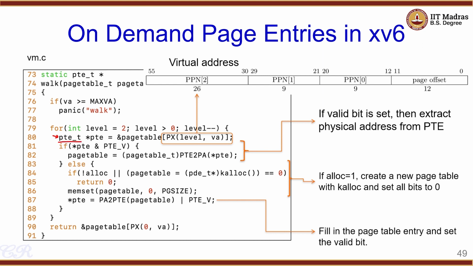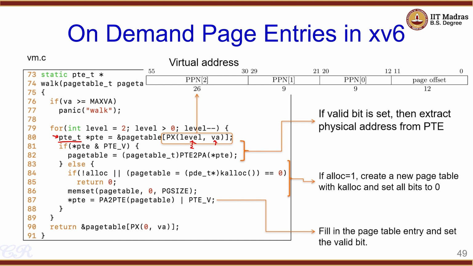Okay. So page table PX level comma VA. So what does this mean, right? PX level comma VA, level is 2, right? The virtual address is what is essentially passed in as a second parameter in walk.